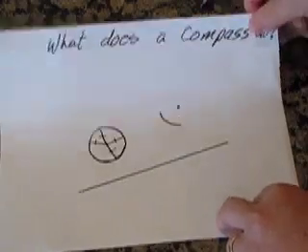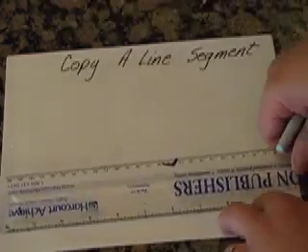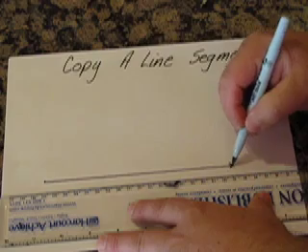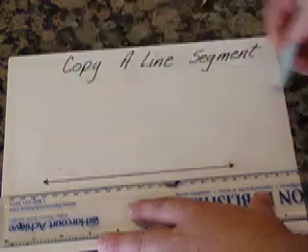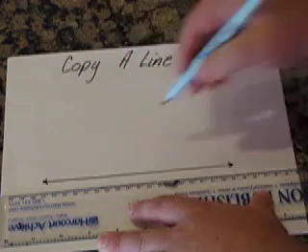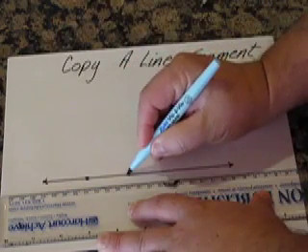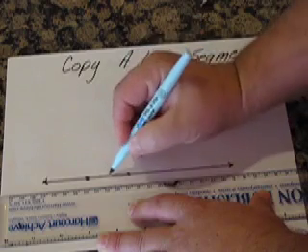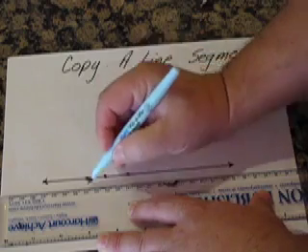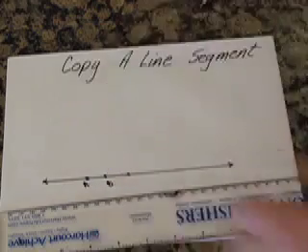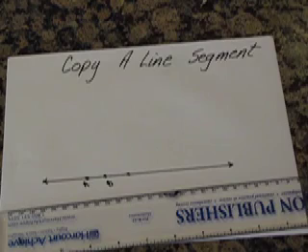So now we're going to do some of the problems. The very first thing you have to do is what's called copy a line segment. If I have a line like this out on a plane somewhere, and I pick two points, say A and B, that creates a line segment.